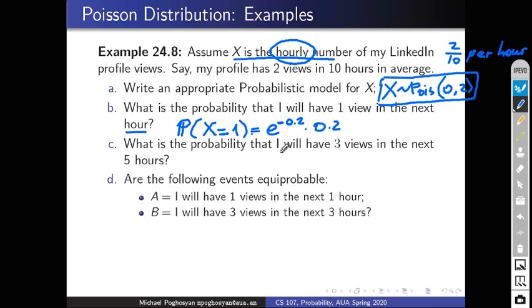Okay, what is the probability that I will have 3 views in the next 5 hours? So in this case, I will use the following. Let y be the number of views in 5 hours.